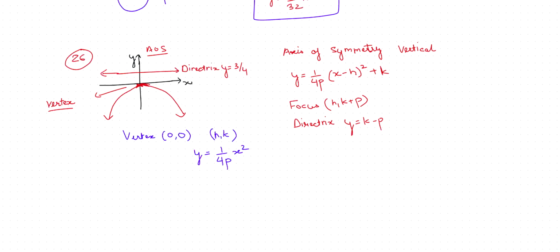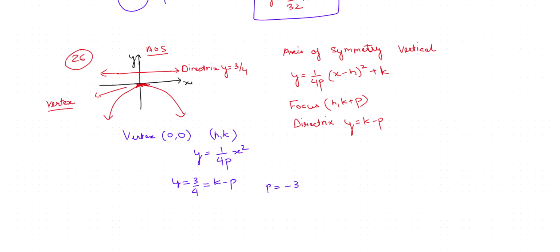The directrix given is y equals 3 by 4, and y equals k minus p is the equation of the directrix. So p is equal to negative 3 by 4.